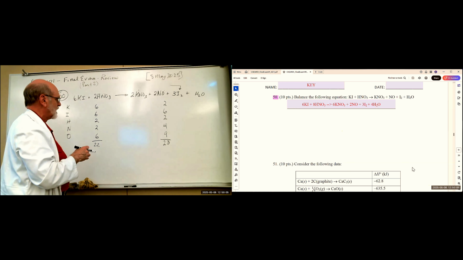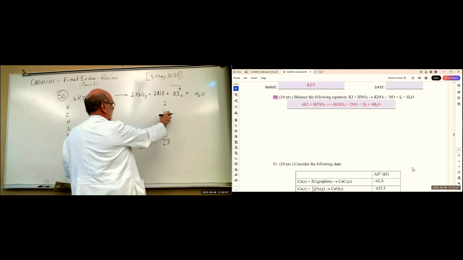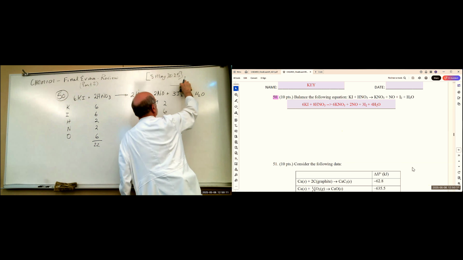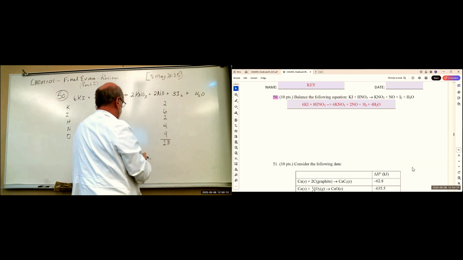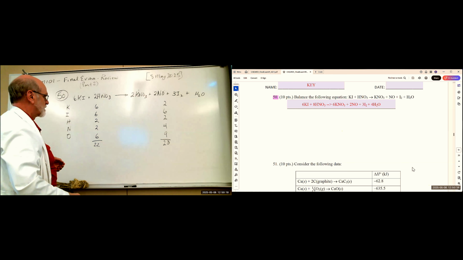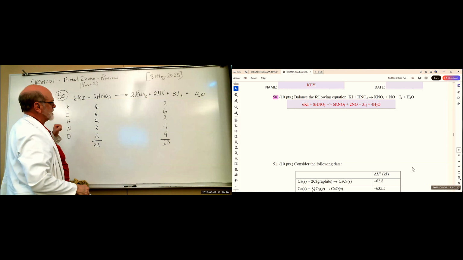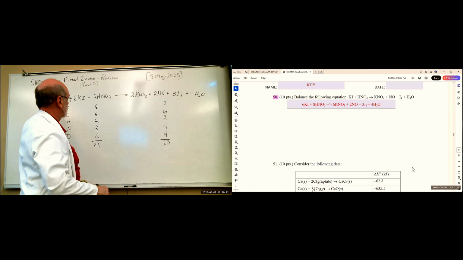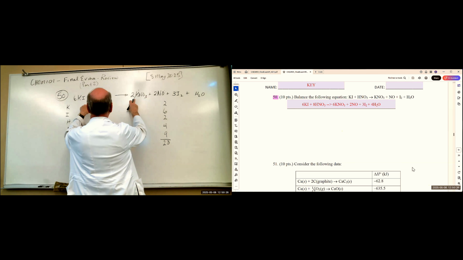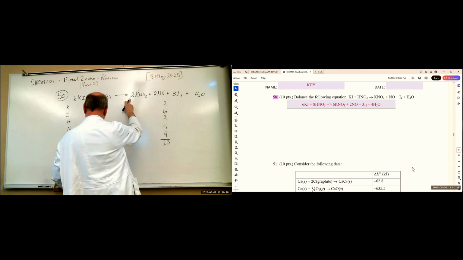Now, we're going to hold iodine out till the last, because when we change the coefficient for iodine, if we need to change that one, then it only changes iodine. So let's look at potassium. Right? We need 6 potassium, and potassium only occurs in one place.